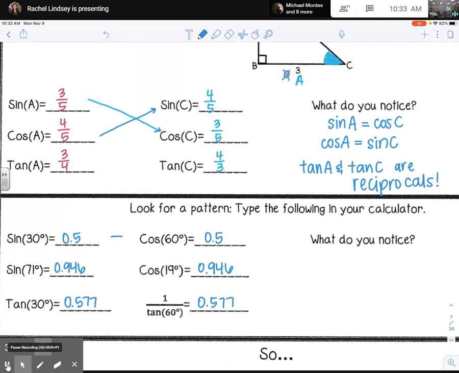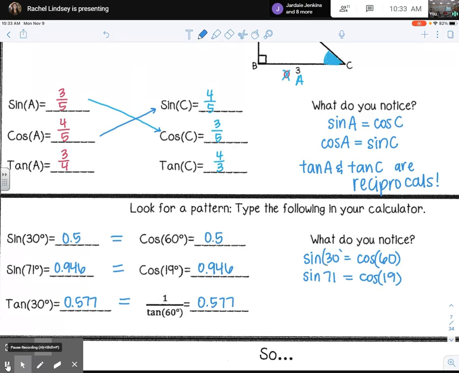Each row is equal. That's what we notice, each row is equal, and the angles are complementary. So sine of 30 equals cosine of 60. Sine of 71 equals cosine of 19.